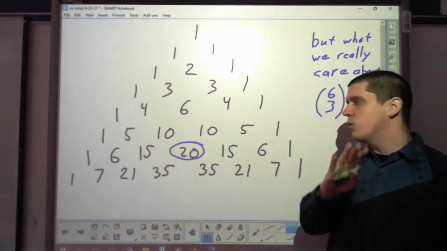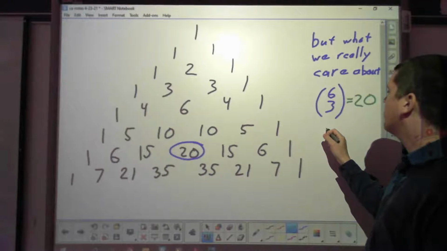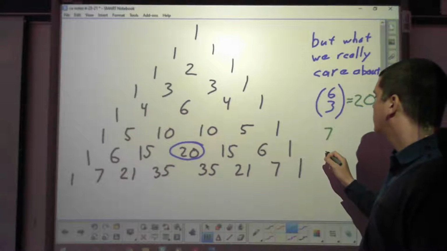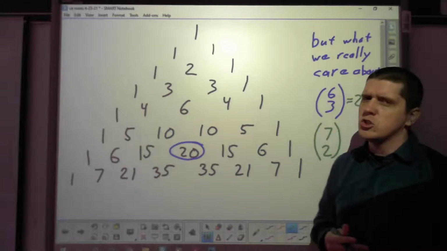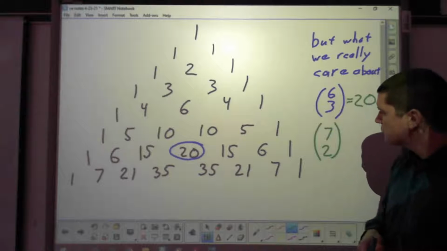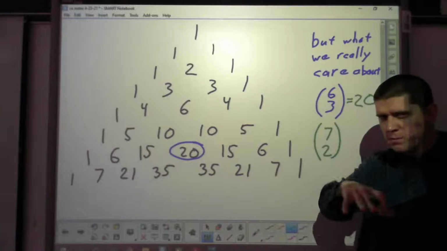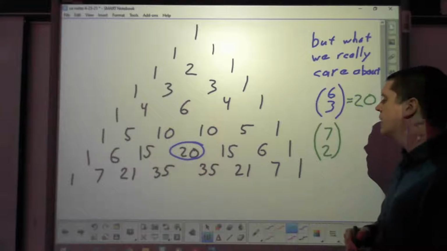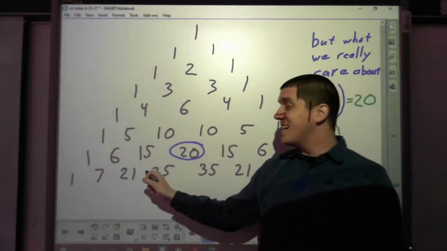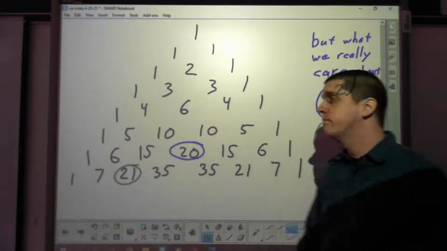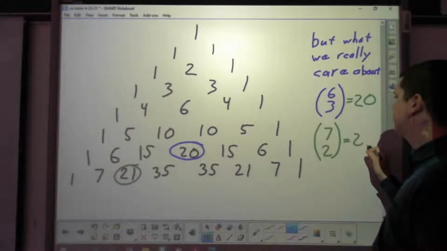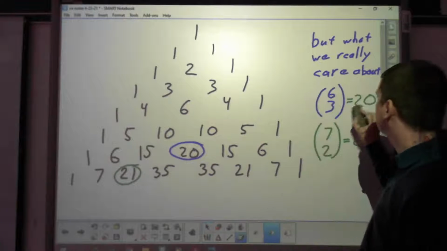So at your desk, I want you guys to go ahead and find 7 choose 2. So again, hit that pause button. Great, now that you're back, what did you guys get? So you got 21. I'm going to write that.